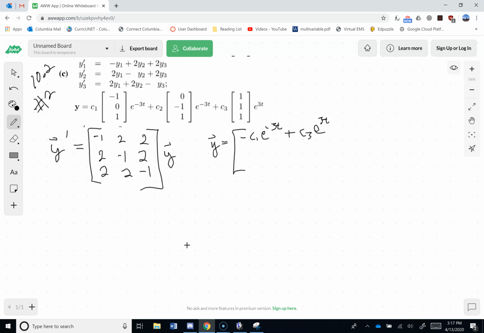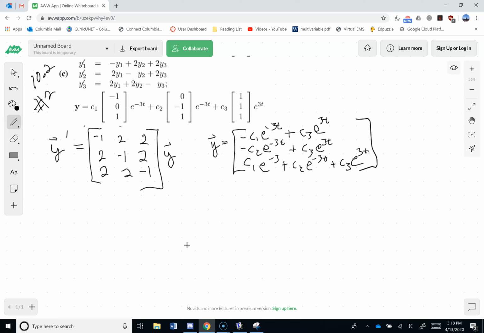Then my next row has no c1, so I get minus c2 e to the minus 3t plus c3 e to the 3t. And then the last one, I get c1 e to the minus 3t plus c2 e to the minus 3t plus c3 e to the 3t.